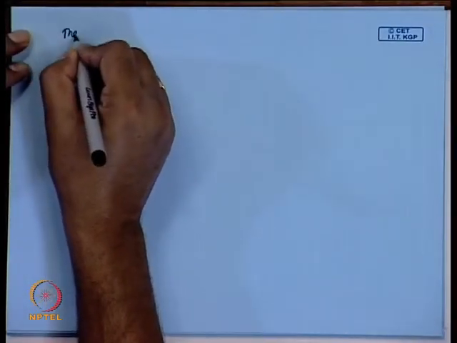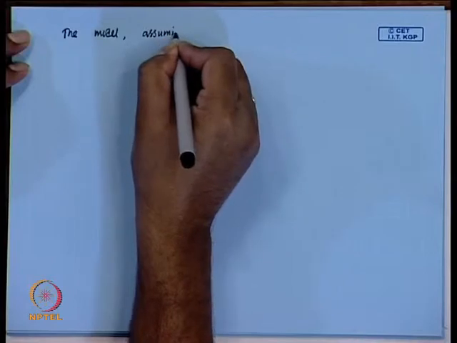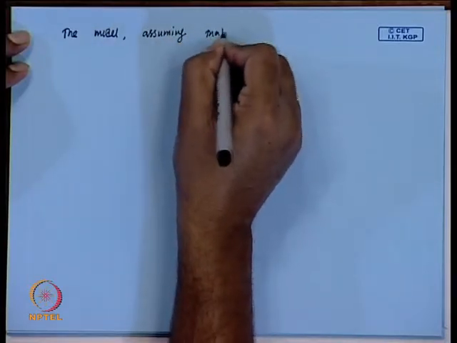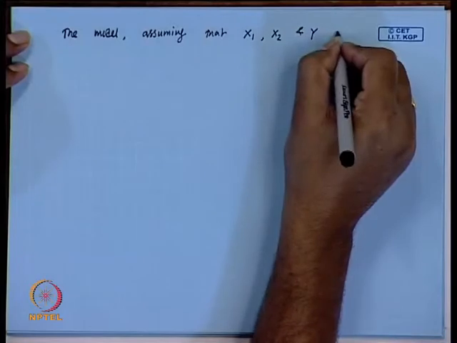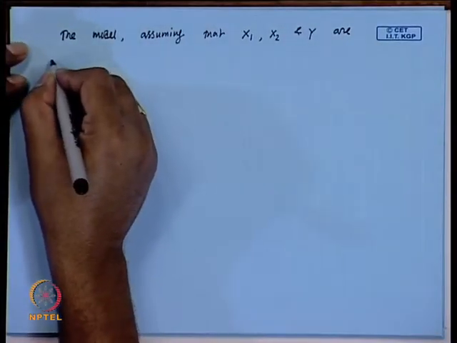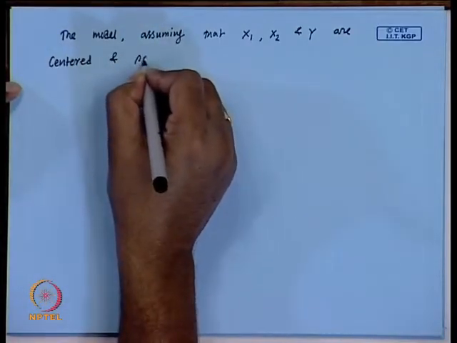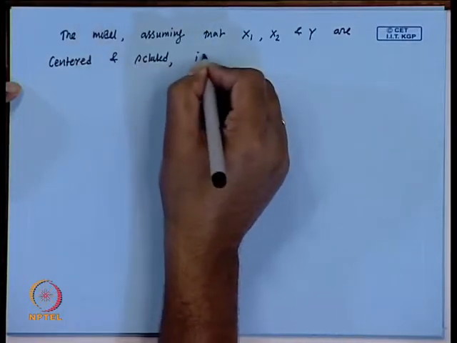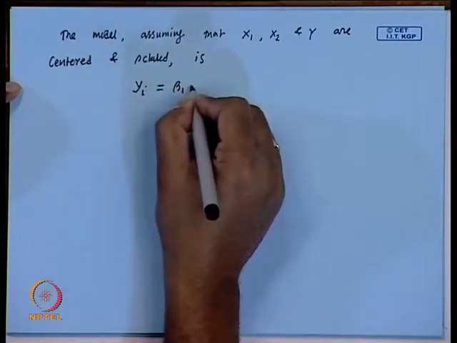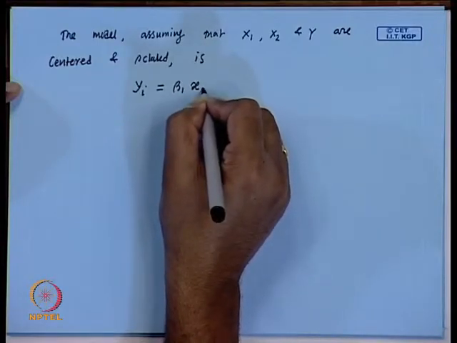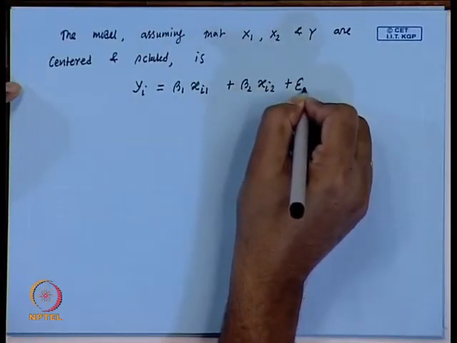So, the model, assuming that x1, x2 and y are centered and scaled, is just y_i = beta_1 x_i1 + beta_2 x_i2 + epsilon_i.